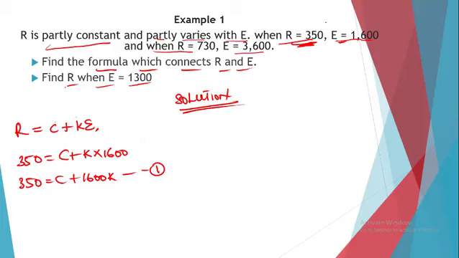Now remember too, when R is equal to 730, E is equal to 3600. So R has two values and E has two values. Now for the second value of R, which is 730, we have C plus K times 3600, which gives us 3600K.